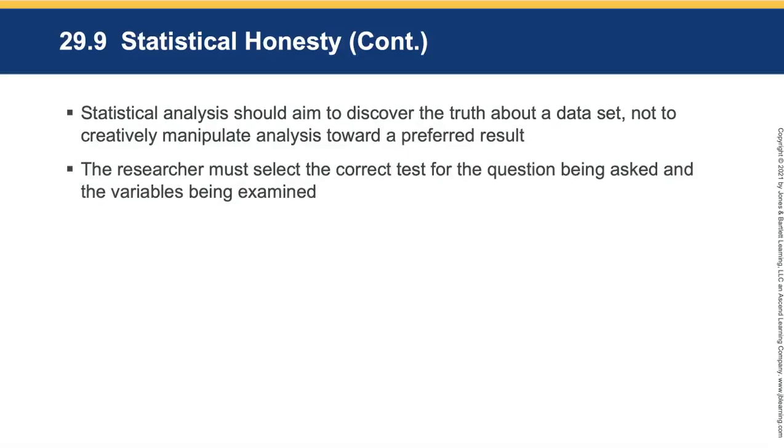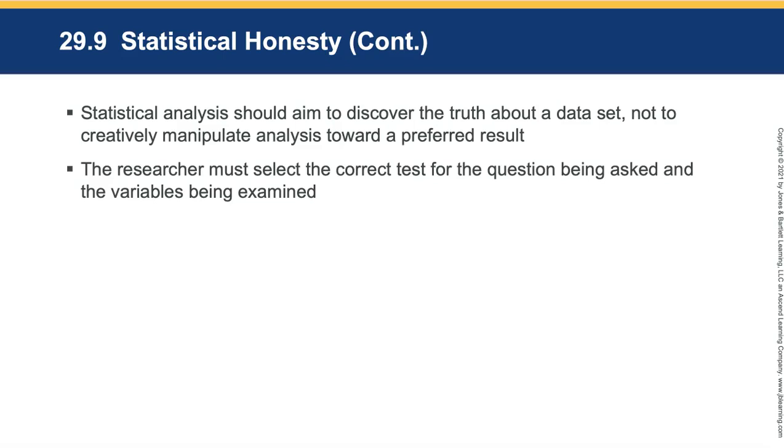What we want is to discover the truth about a data set, right? So your statistical analysis is there just to discover the truth about your data set. It's not to creatively manipulate your analysis toward the result that you want. You want to report your findings scientifically and as unbiased as possible, right?